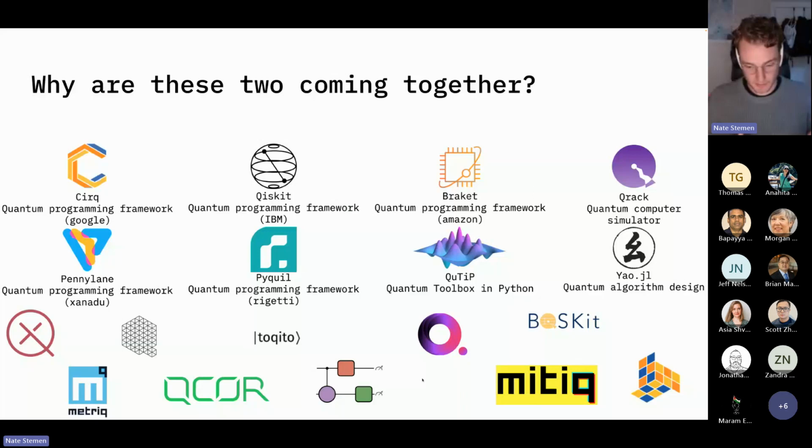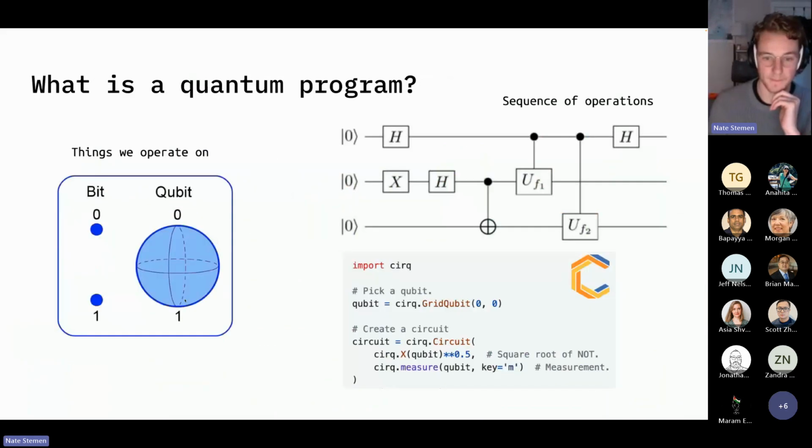Okay, so we talked about open source, we talked about quantum, and now, first of all, why and how are these things coming together? So these are just some of the many examples of projects that are open source and have some communities built around them in terms of people developing them. And you can see, a lot of the ones I've highlighted are quantum programming frameworks, just like the one that we saw on this slide.